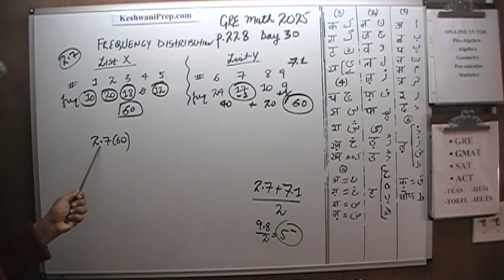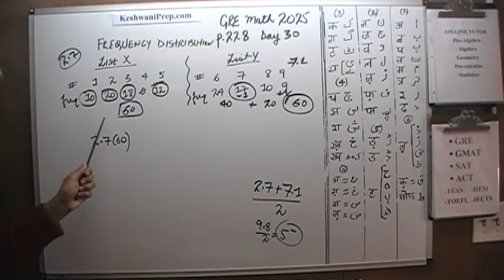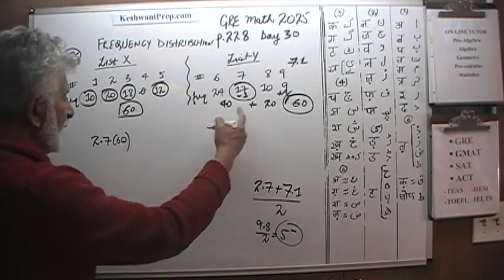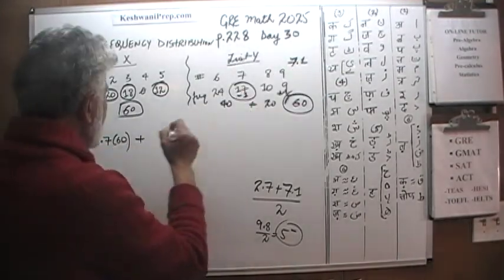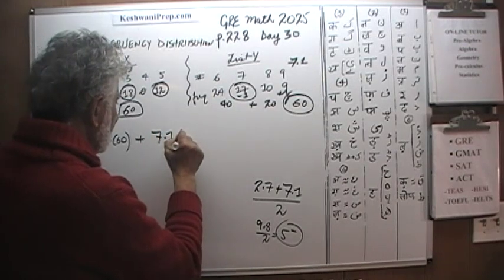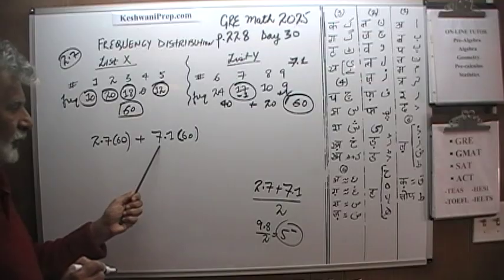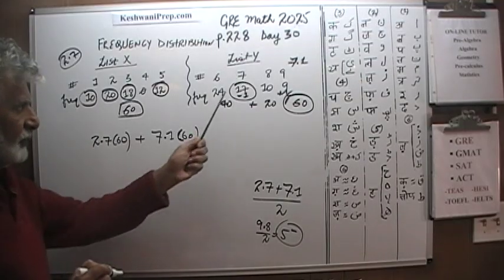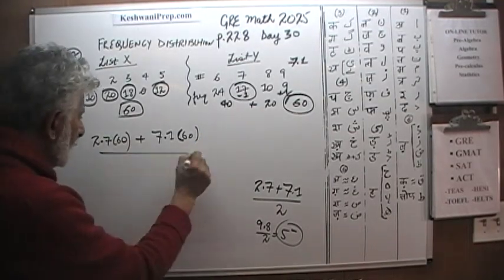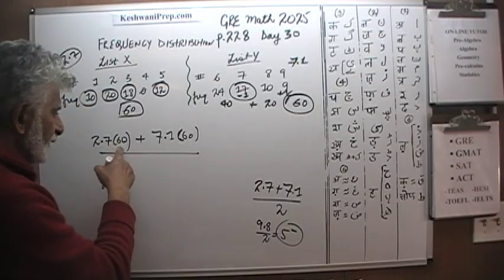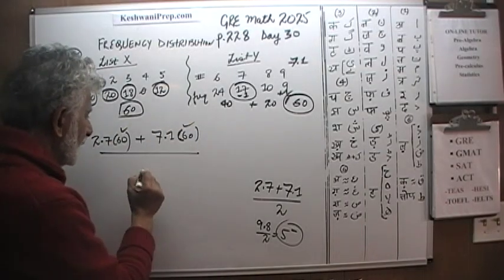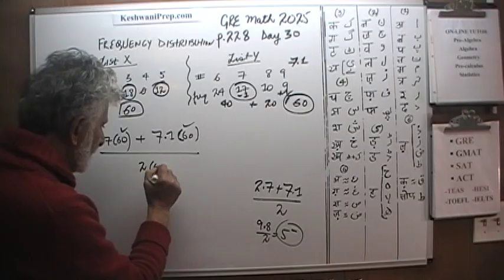So 60 times 2.7 represents the sum of all the observations. Similarly here, 7.1 is the average, and we have 60 observations. Therefore 60 times 7.1 represents the sum of all the observations here. And we have a total of 120 observations, 60 here and 60 here.